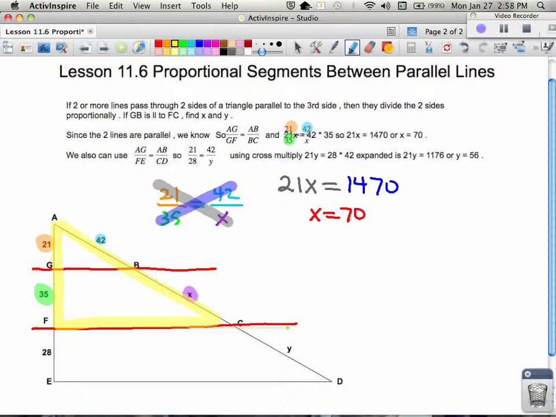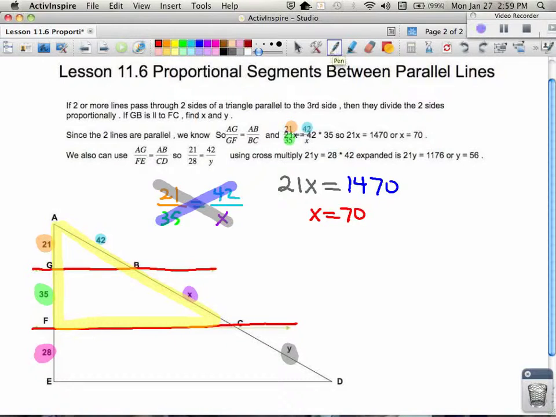So now I'm going to highlight a couple more pieces, and I'll show you what I mean. Down below, I'm going to have the 28 in pink, and I'm going to have the y in gray.